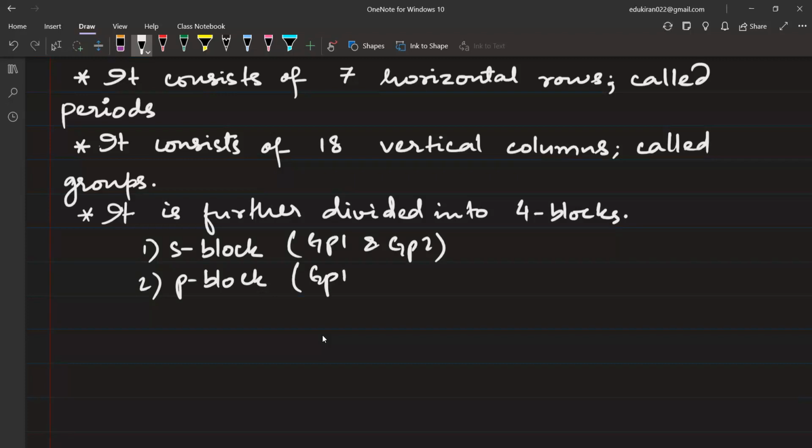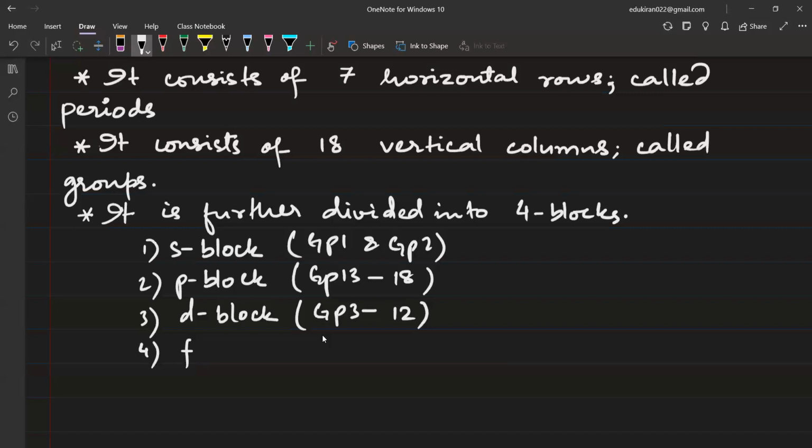P block is group 13 to 18. D block is group 3 to 12. And F block is group.